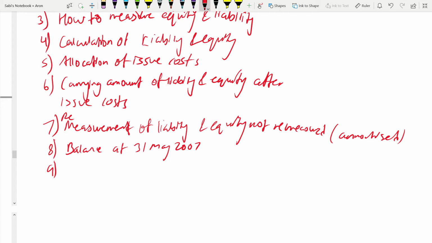One is to say that you have to take amortized cost. The other one is the calculation of amortized cost.